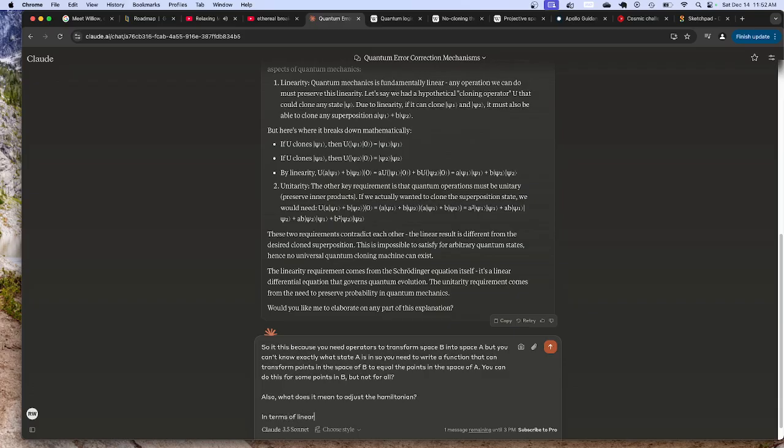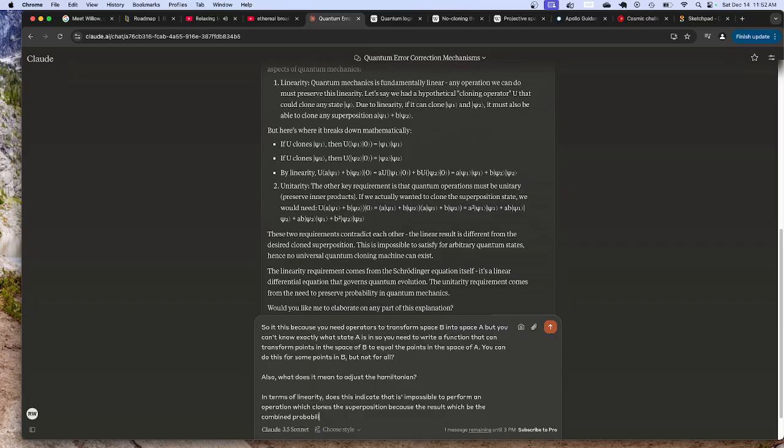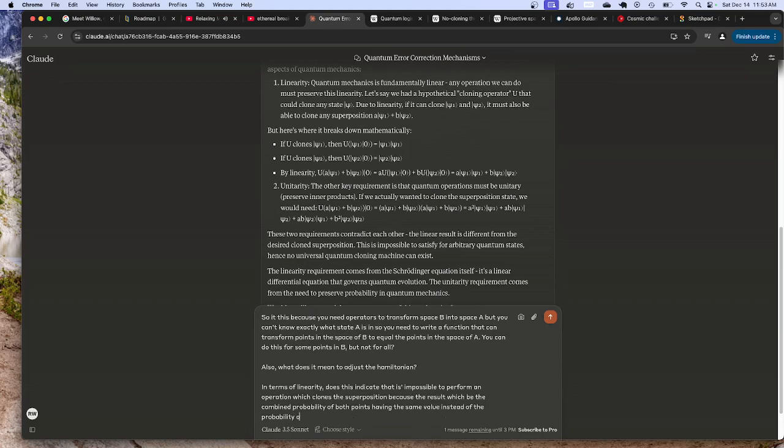In terms of linearity, it will not clone superposition, because the result would be the combined probability of both points having the same value instead of the probability of each individual point having the desired value.